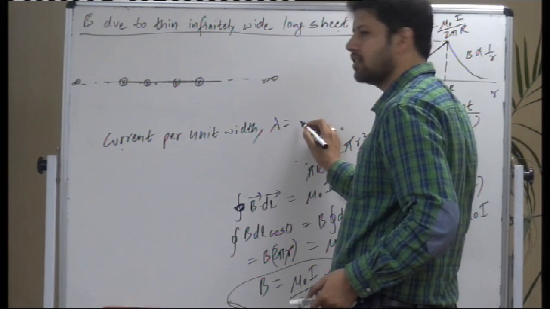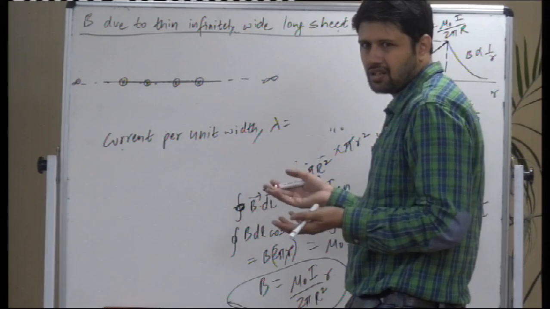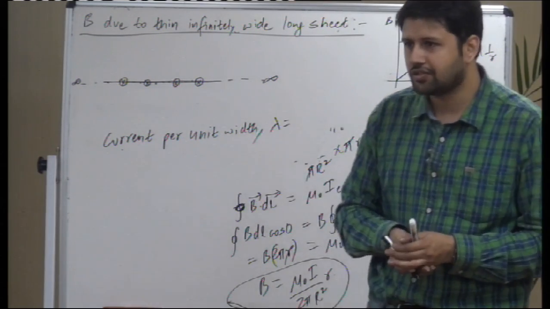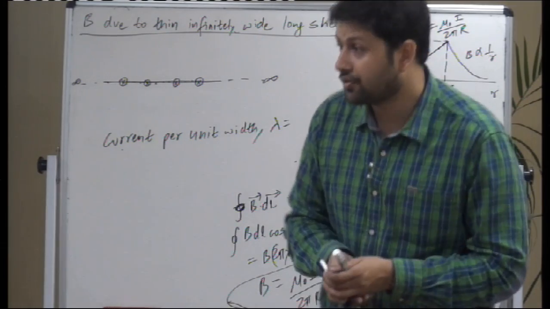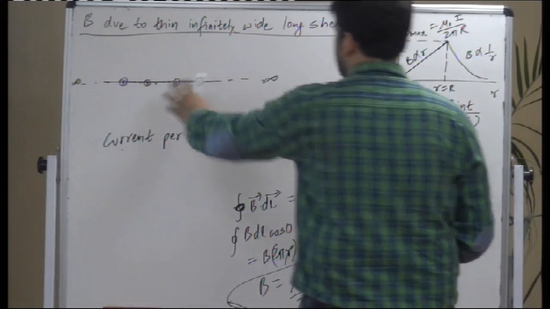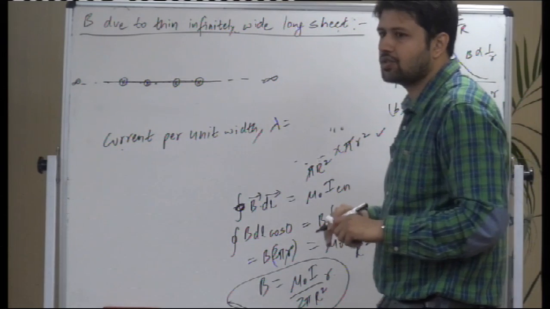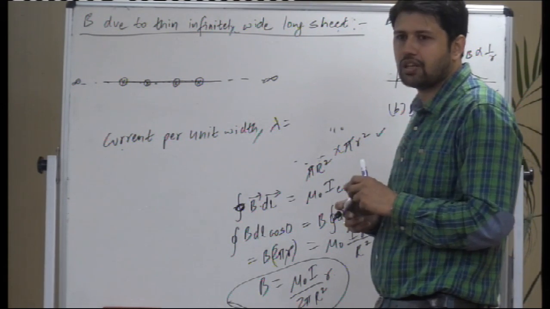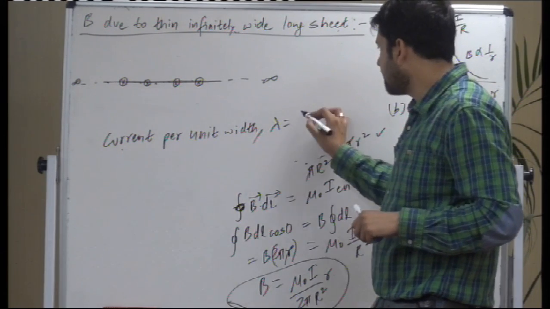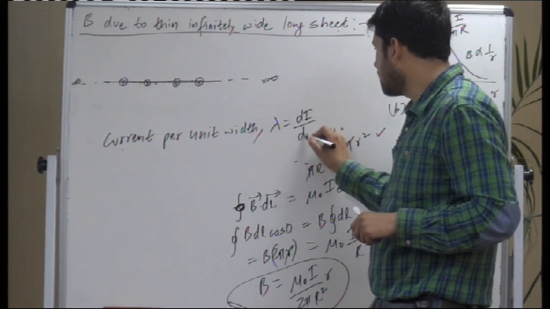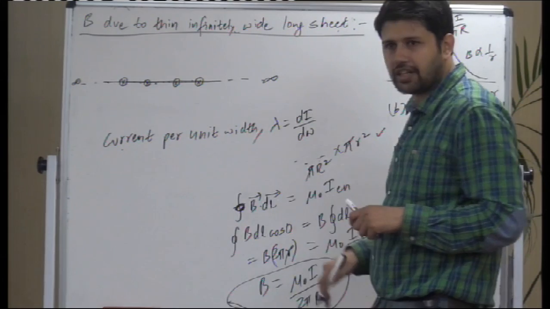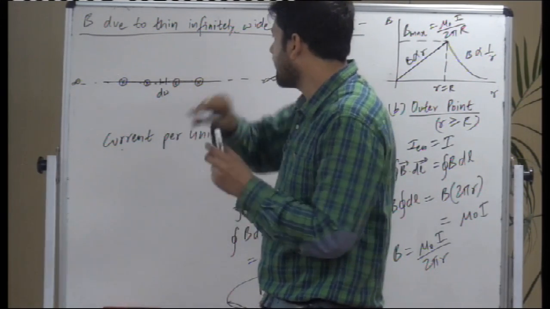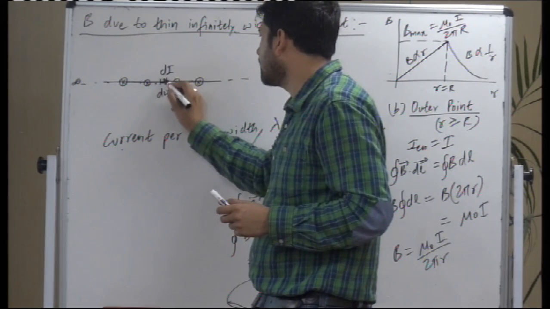It would be I by the width, but you know the width is infinite. The current is also infinite because every point is carrying current. So we won't be able to write the value for the whole strip, but we can write it for a small portion dW width, which is carrying dI current inward.